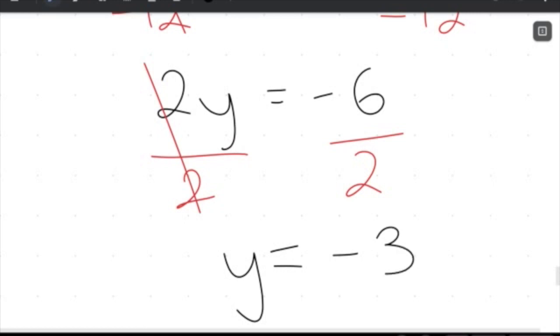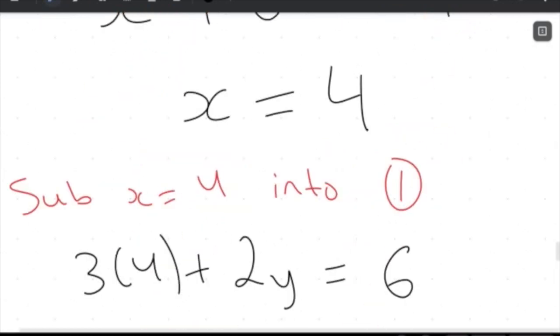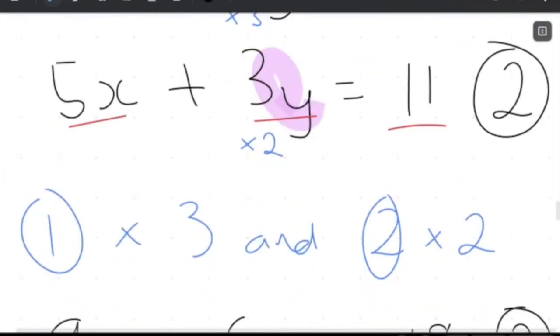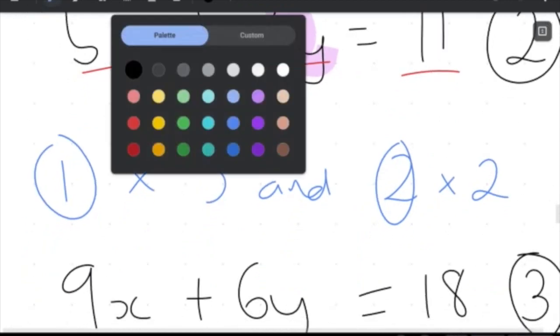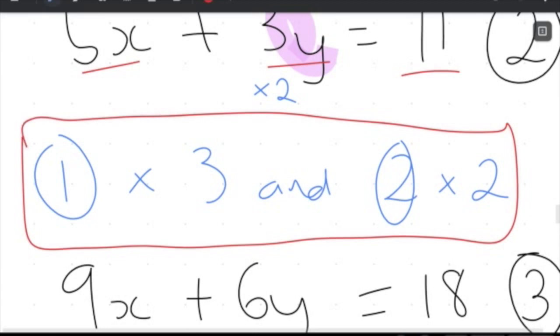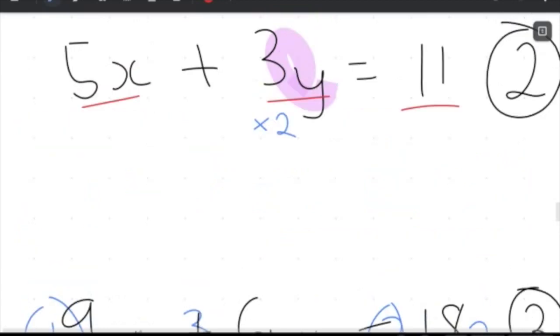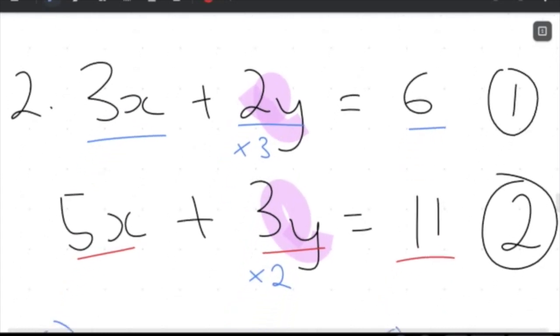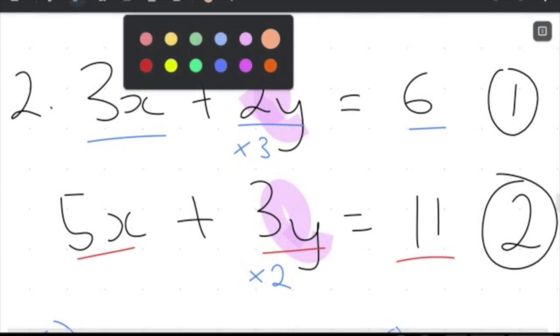So elimination is all about making changes to these equations via scaling them up or down, so by multiplying them by some kind of factor. How we decide to do this doesn't really matter. You could have chosen to eliminate the x variables first.